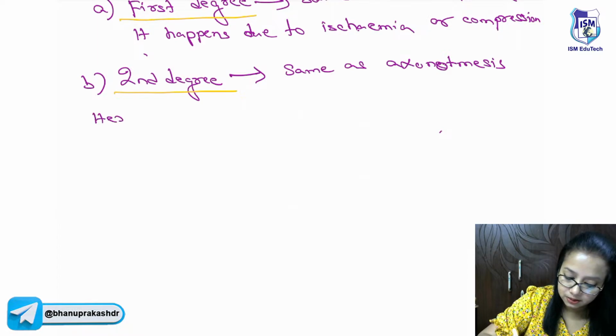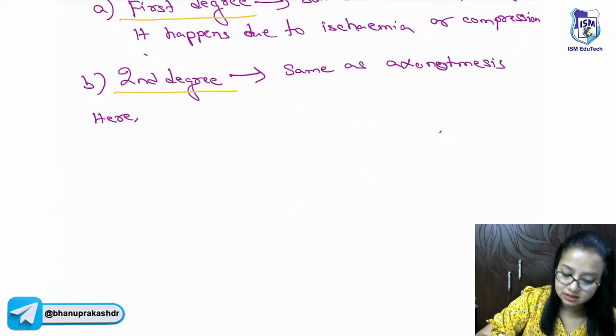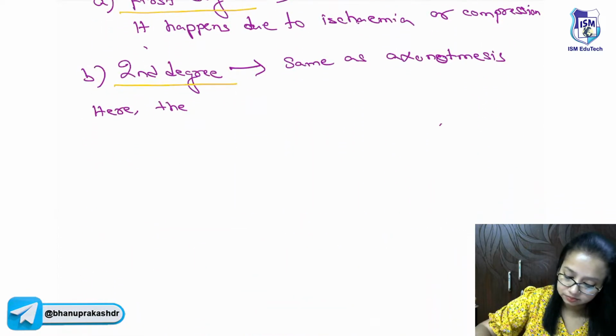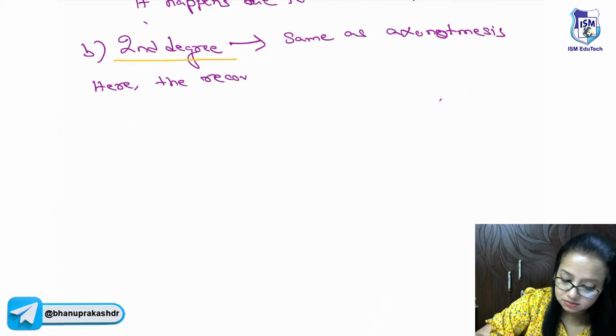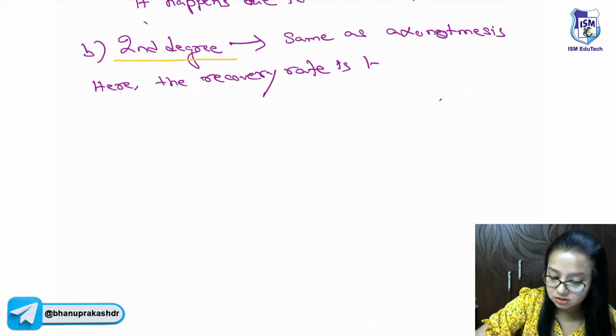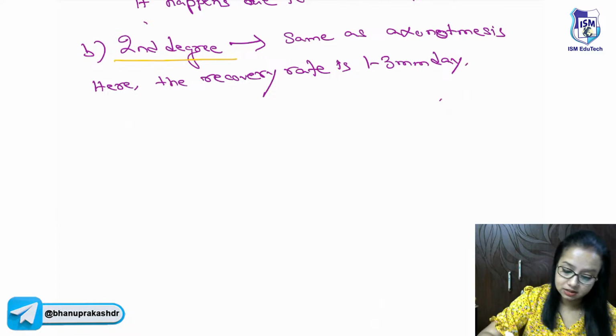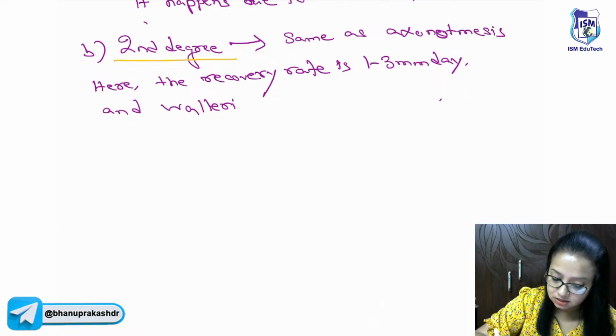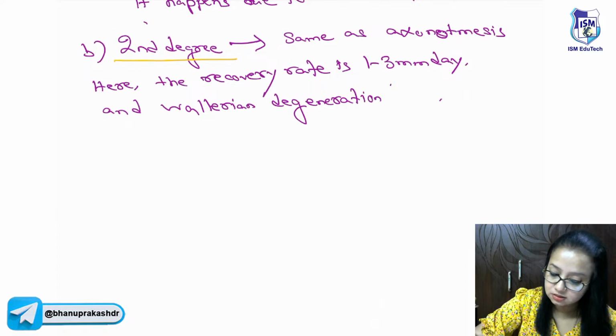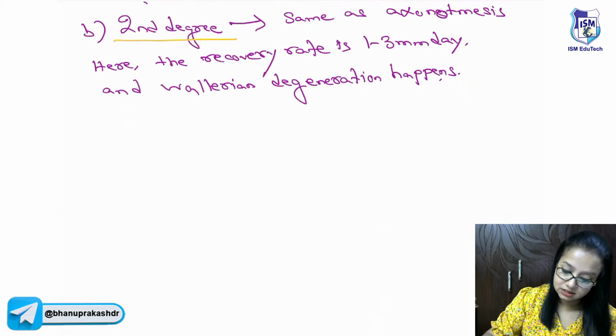Here, Sunderland added that the recovery rate is 1 to 3 millimeter per day, and Wallerian degeneration happens. Okay, Wallerian degeneration happens.